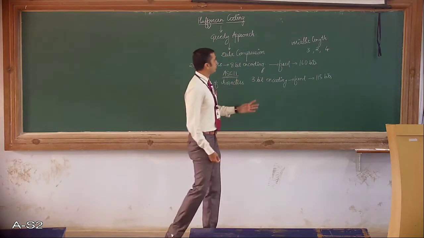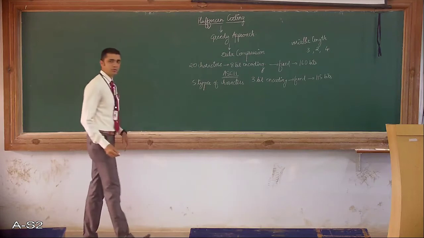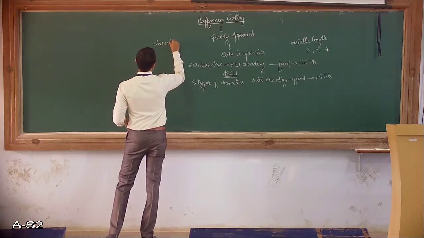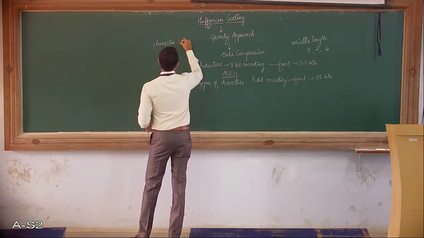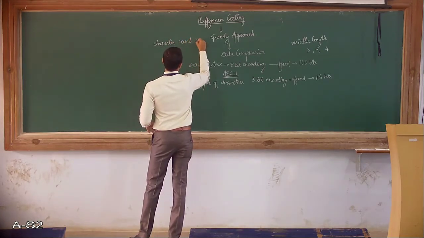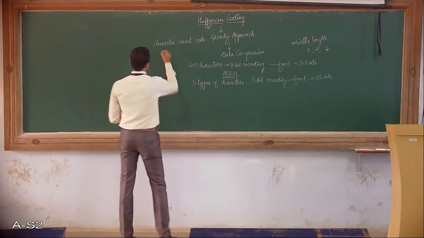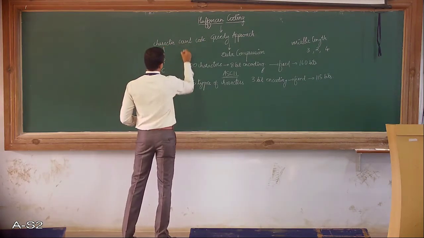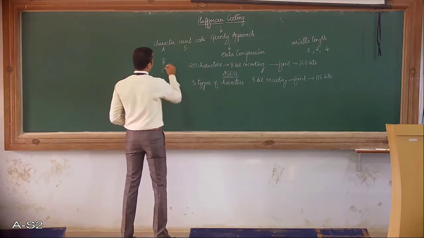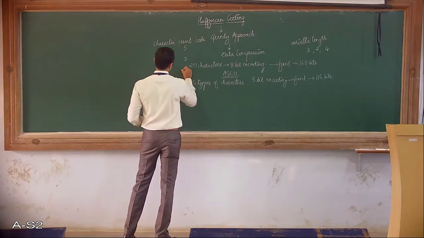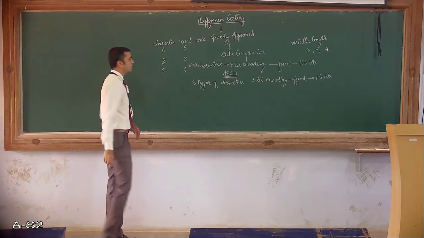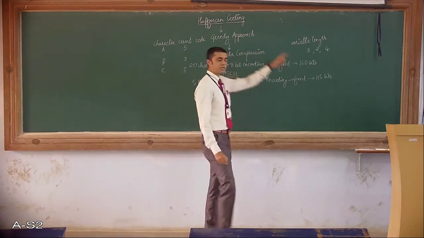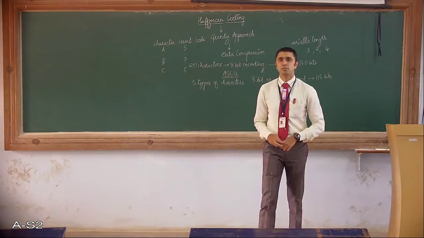The table that we saw had characters, count, and encoding. Say characters A, B, C, and D: A was repeating 5 times, B 3 times, C 5 times, and so on. So we used the count of those characters appearing in the message.